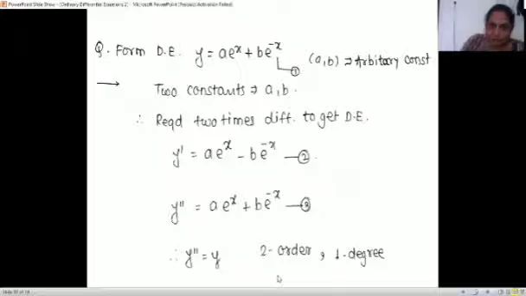Okay, next topic is formation of a differential equation. How to form a differential equation? Do you remember formation of differential equation? We have seen this in ODE. How to form a differential equation from a given function. What we need to check there?